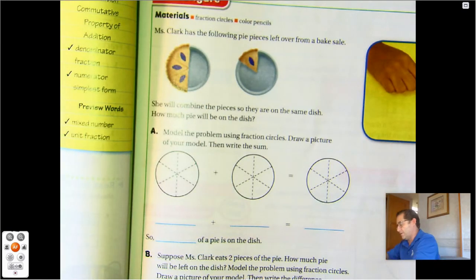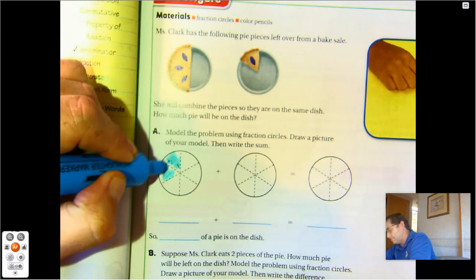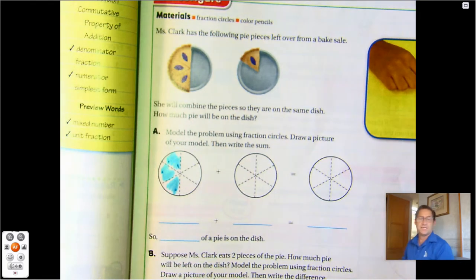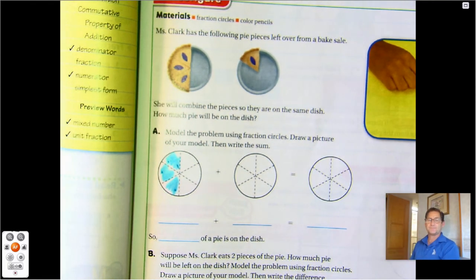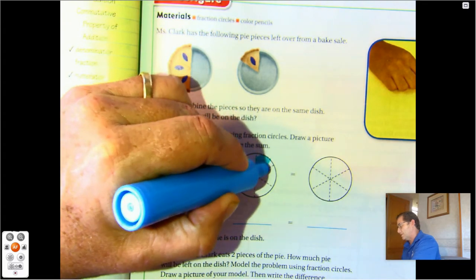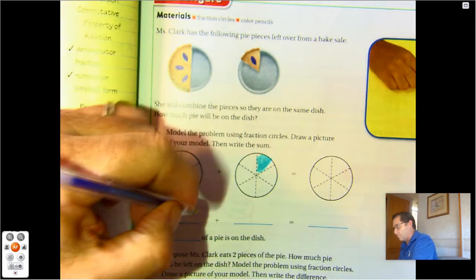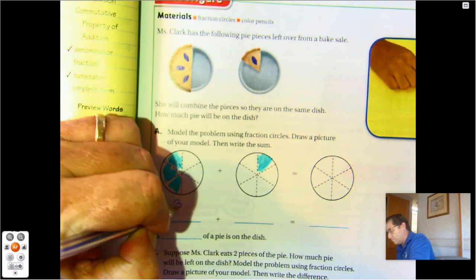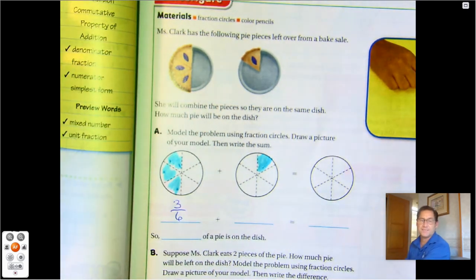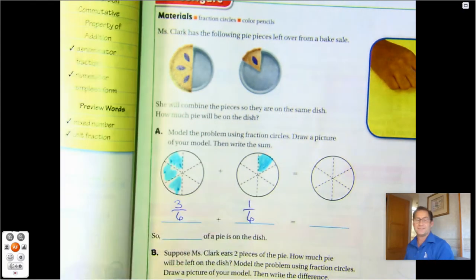All right, so in the first one, she has 3/6 pieces. The second one, she has 1/6. So the model represents 3/6. This model represents 1/6.